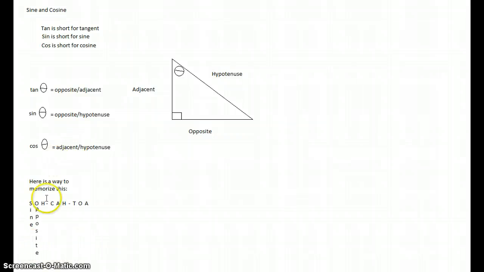The O stands for opposite. And the H stands for hypotenuse. So what we have here is sine, according to our ratio up here, is opposite divided by hypotenuse. So if I can remember sine equals opposite over hypotenuse, if I can remember the order of those letters, then I've got it.